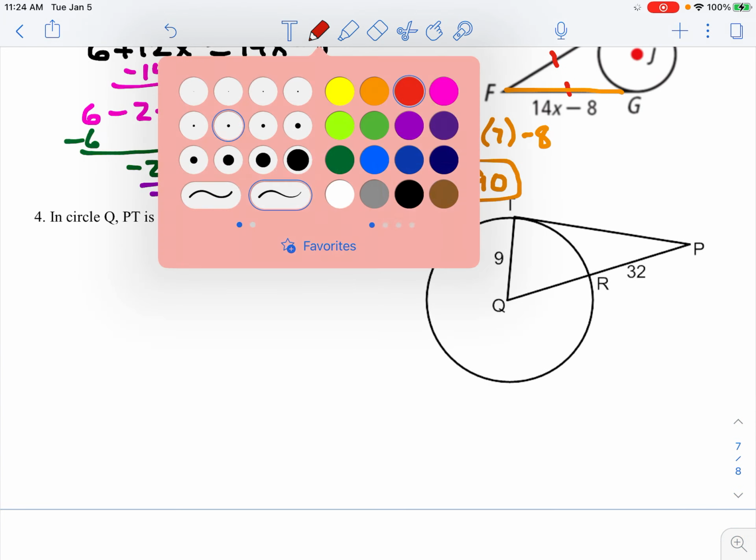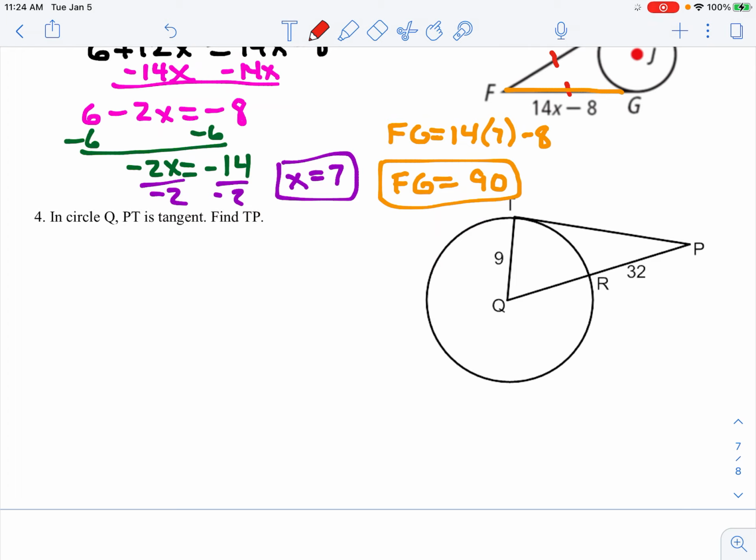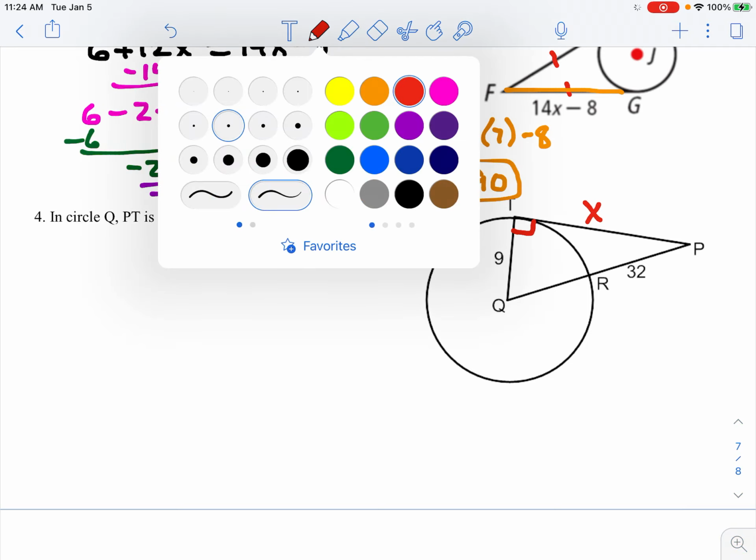All right, here we go, the last one. I have a triangle that formed from a radius and a tangent line. So first, draw in your 90-degree angle where they touch. Now remember, we're going to do Pythagorean theorem. The question says find TP, so we don't know what TP is, so we have x. Now here's the problem.